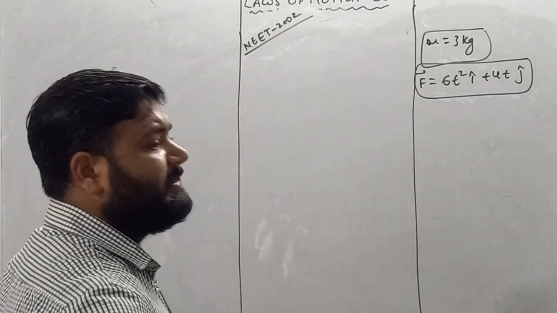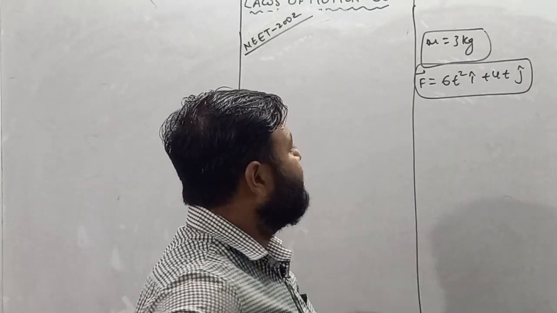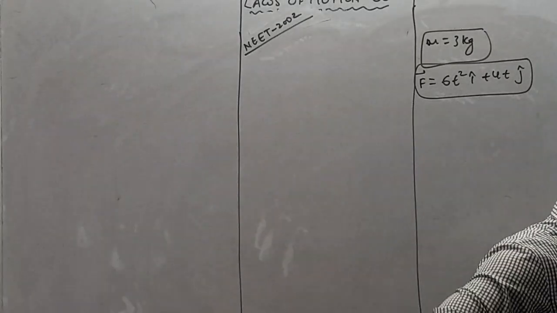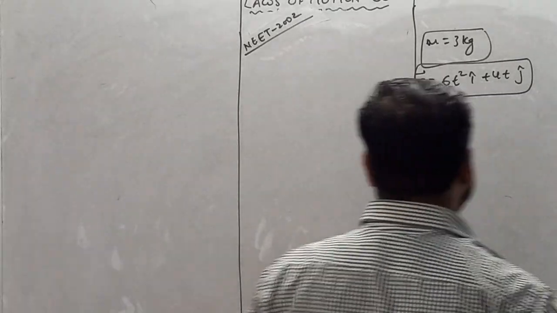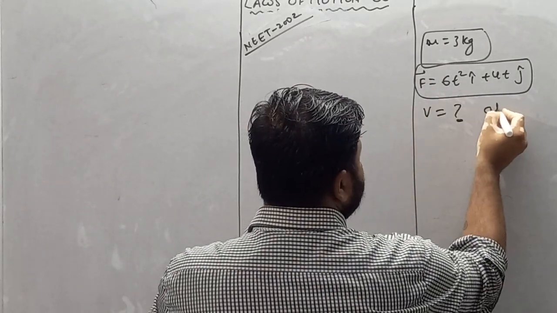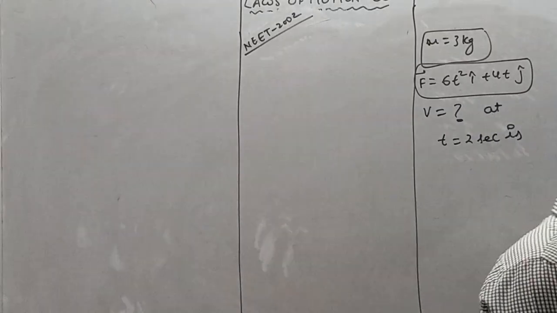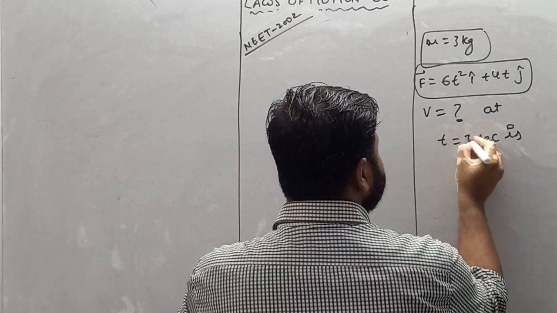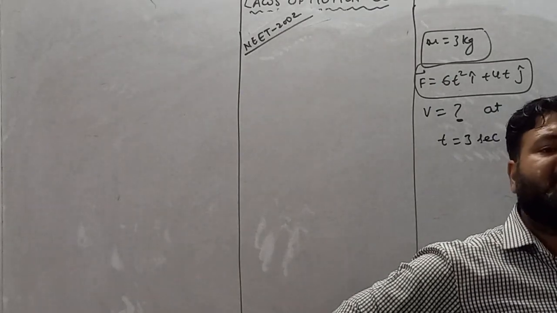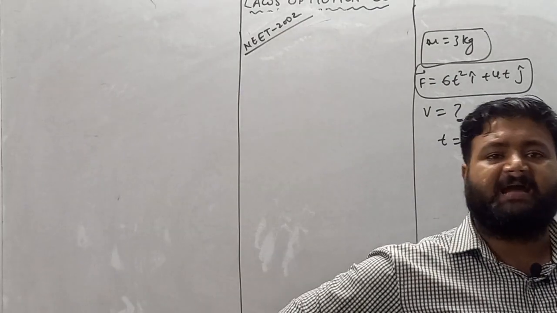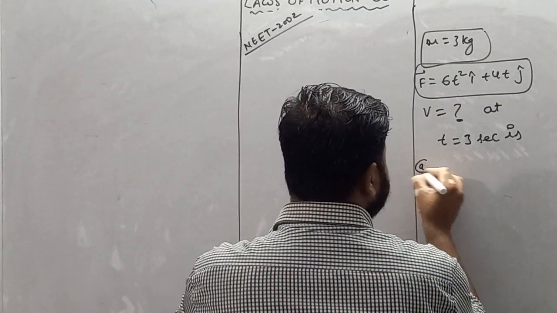Then the velocity of the object at t equal to 3 seconds is, options are 18 i cap plus 3 j cap.